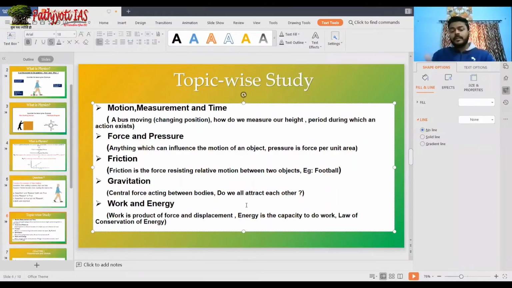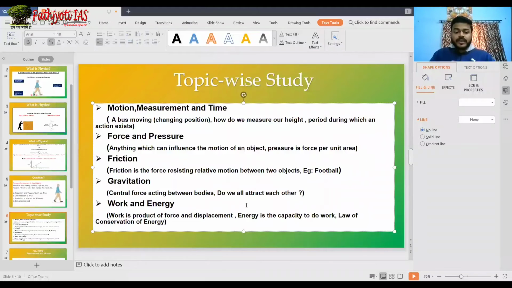For example, if I am teaching you right here, am I moving around the whole house and teaching? No, I am just sitting at a place and imparting some knowledge which I have gained. So in general terms, yes, I am working. Everyone is working. All our mentors are working. But in terms of physics, their work is zero.